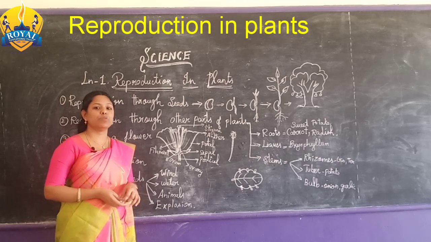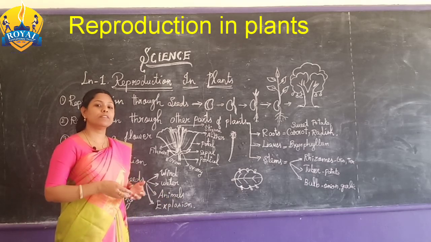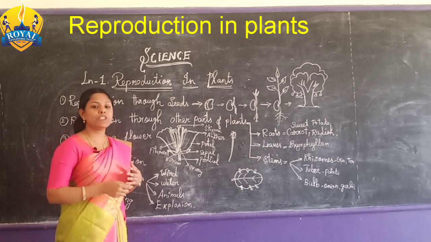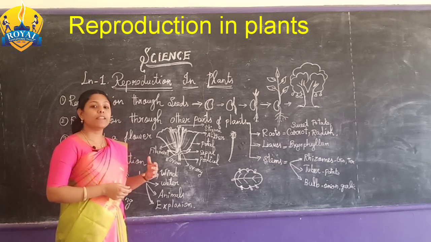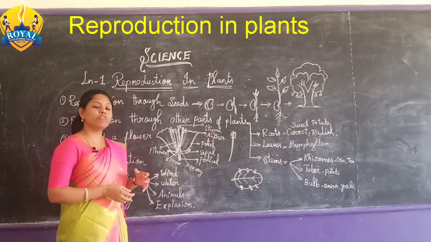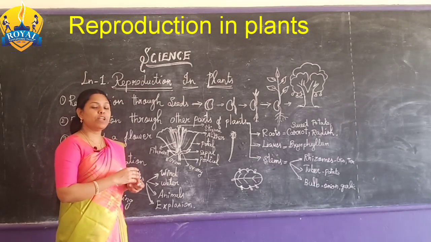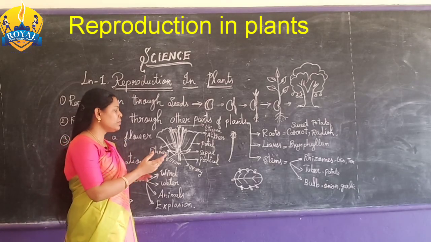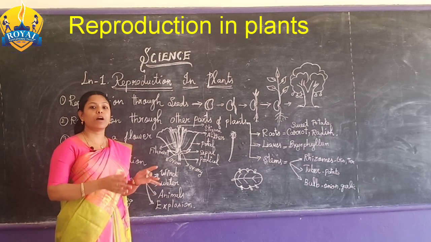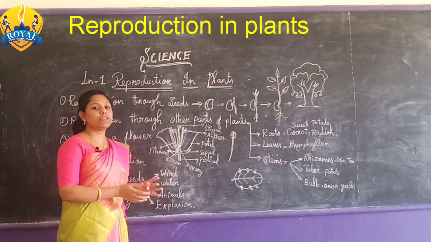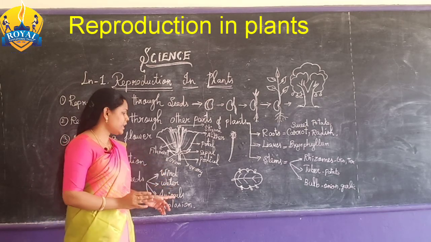The next is animals. Through birds and insects, the seed or the pollen is dispersed from one flower to another flower, or to a flower of the same plant.